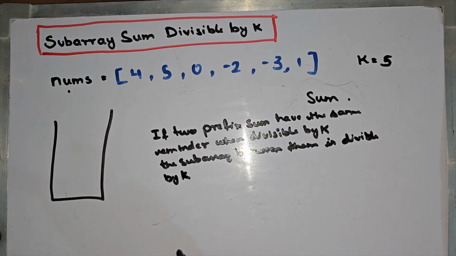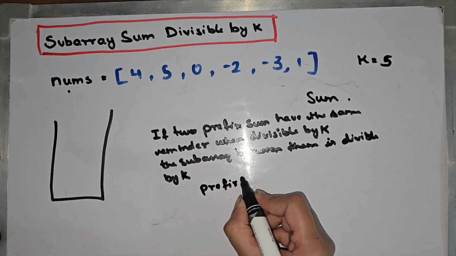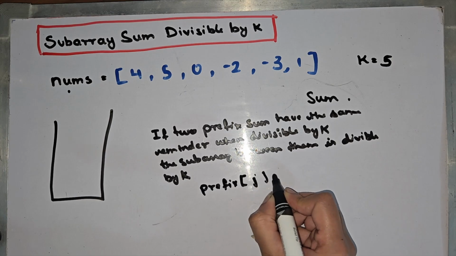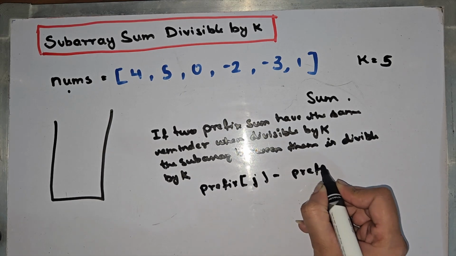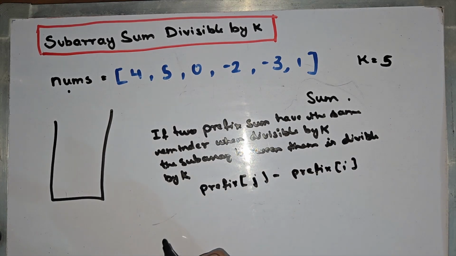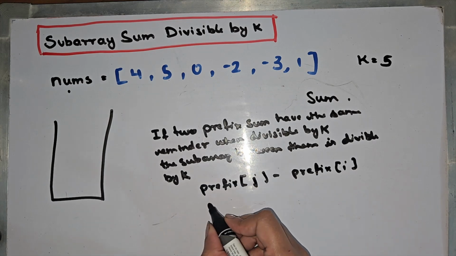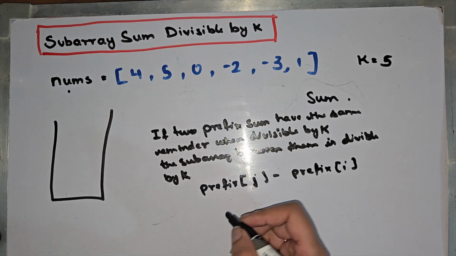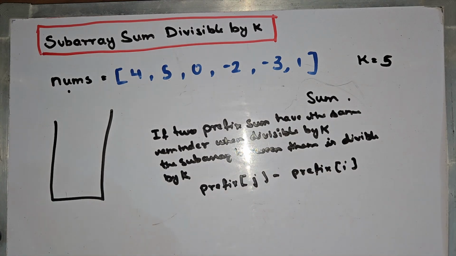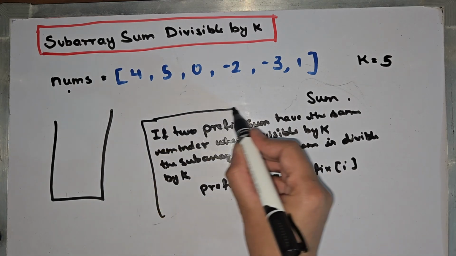Why does this happen? Suppose we have prefix of j and prefix of i. The subtraction of both will cancel the remainder and become a multiple of k. This is the entire trick that we have.